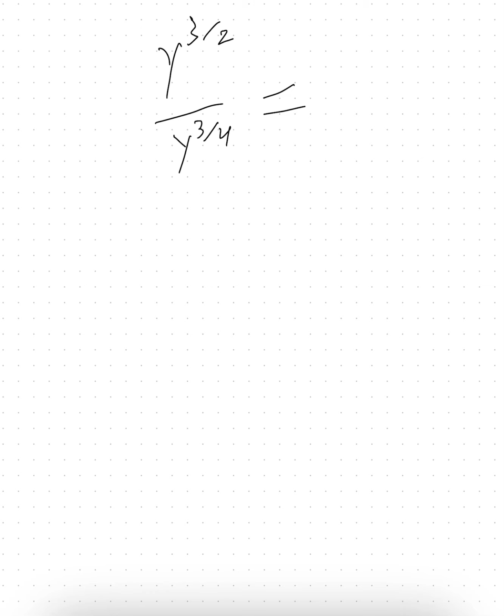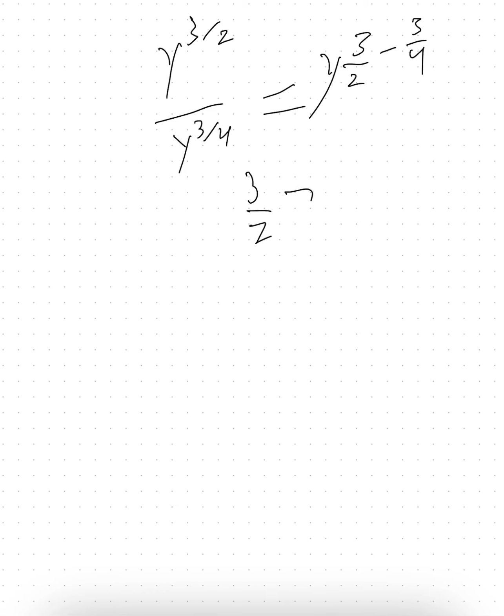And we can rewrite them in the root form. So this is equal to 3 over 2 minus 3 over 4. These don't have the same denominator, so we can't subtract them.